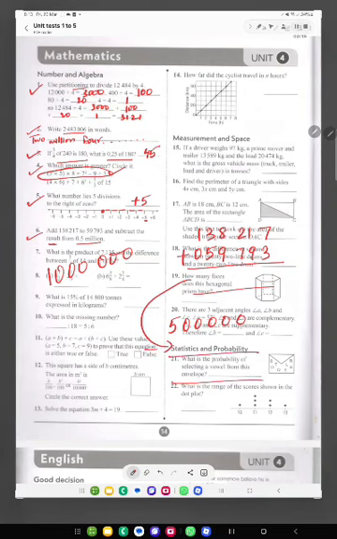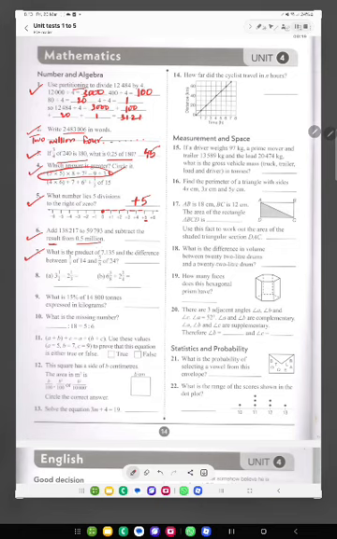Let's move on. Question 7 is, what is the product? That means we have to multiply. The product of this number and the difference between these two. Let's calculate the difference of 3/7 of 14 and 5/8 of 24. So 3/7 of 14 is 3/7 times 14 over 1.